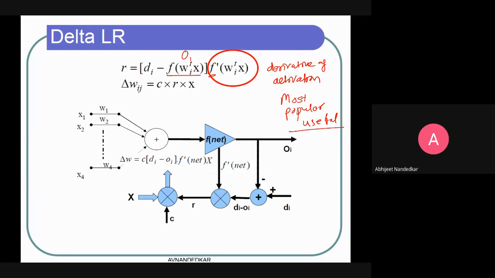Now see, the change in weight is given by c into d minus o into f dash into x, that is the input. So this is your x.